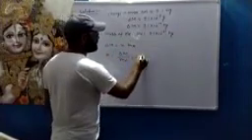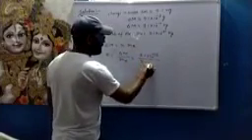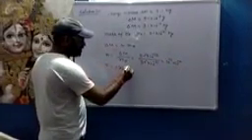Delta M value 9.1 10 to the power minus 12 upon 9.1 10 to the power minus 31. Just cancel out; in division powers are subtracted. So N is equal to 1 into 10 to the power 19 electrons.